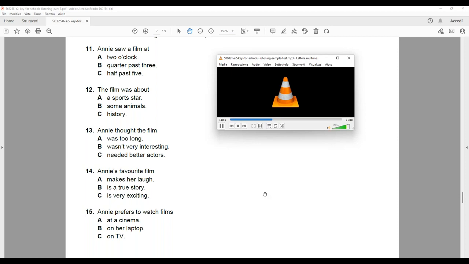Don't you prefer funny films? Well, my favourite film ever is Bird Boy, which actually isn't funny and has nothing amazing in it. But the reason I love it is because it all really happened. Oh, I haven't seen it. I've only seen it on TV. I think it's best to see films on a big cinema screen, but I usually just watch them on my laptop at home. Me too.